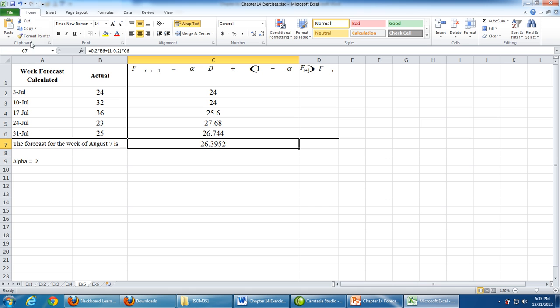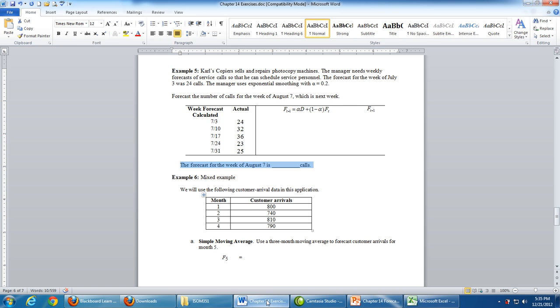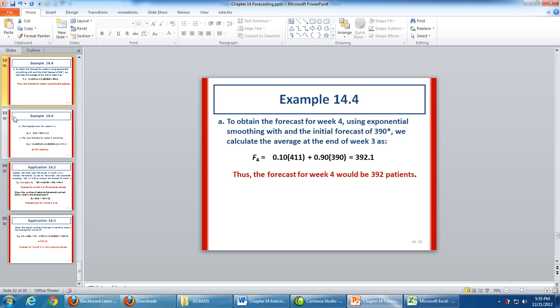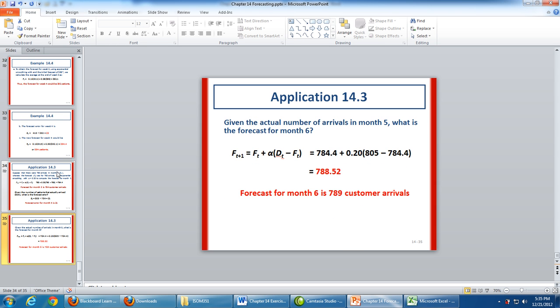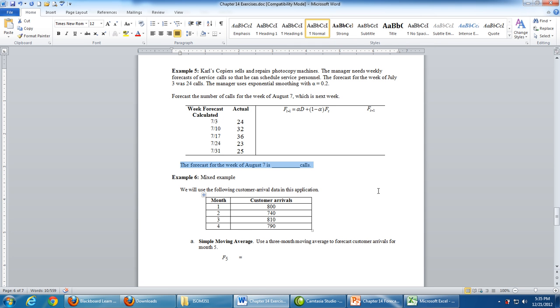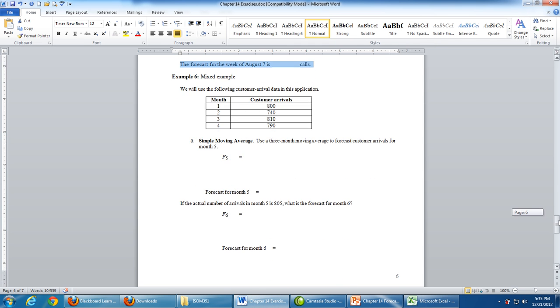So that's another exponential smoothing example. Okay, so those are the three types of forecast that we're going to study in this class, and we have one more example, which is example 6, which is a mixed example.